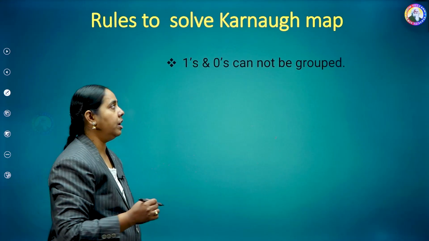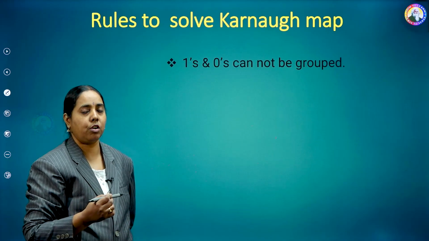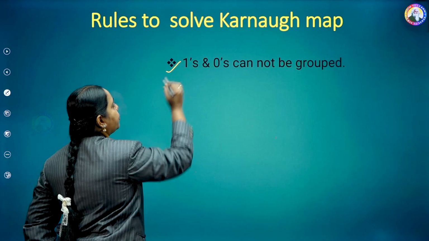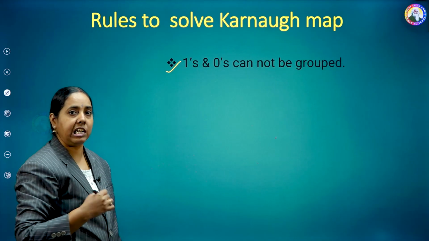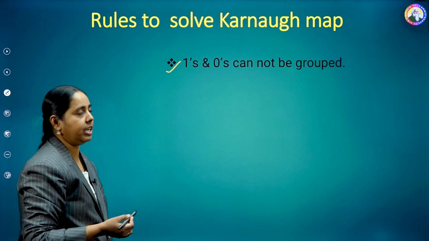SOP will be solved by grouping ones, and POS will be solved by grouping zeros. Individually we should group ones, and individually we should group zeros.